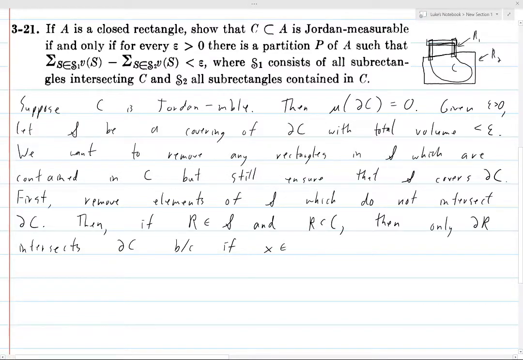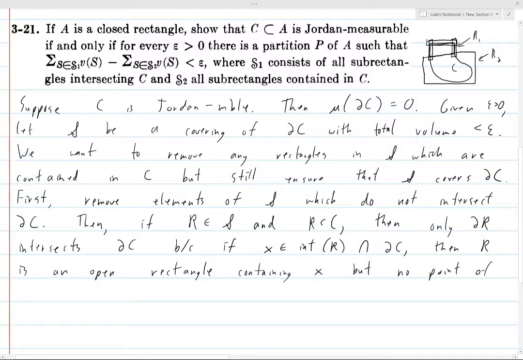This is because if X is in the interior of R and the boundary of C, then R is an open rectangle containing X but no point of the complement of C, and this would imply that X is not in the boundary of C, because for X to be in the boundary of C, every open rectangle containing X must contain points both in C and not in C.